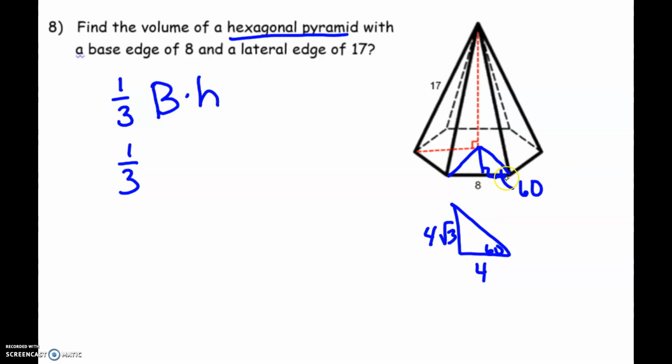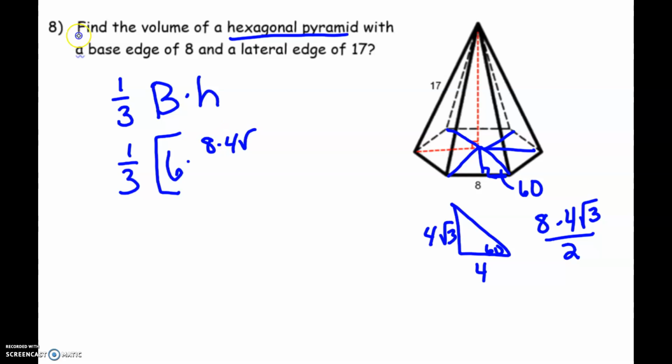So to find the area of this one triangle, I'm going to do 8 times 4√3 divided by 2. Again, that's one triangle. In my hexagon, I would have 6 of those. So I'm going to put that here, 6 times 8 times 4√3 divided by 2.